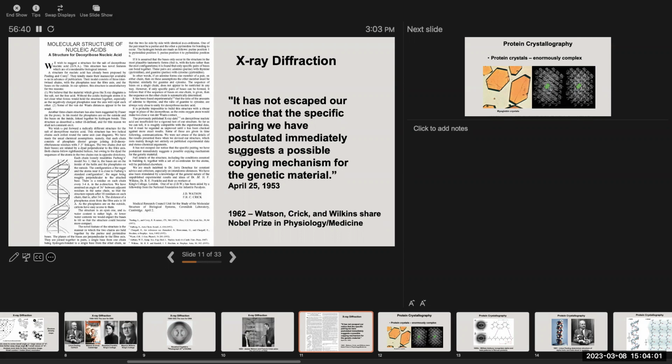Now, people have often claimed, oh, this is the ultimate example of sexism in science, that poor Rosalind Franklin was left out, even though it was her data. But there's actually a weirder reason why her name was not included. She died before the Nobel Prize was awarded. She died of cervical cancer, which was probably related to working around X-rays.